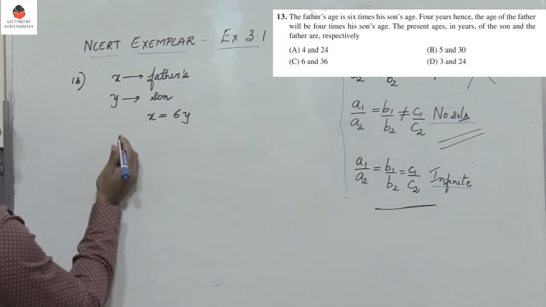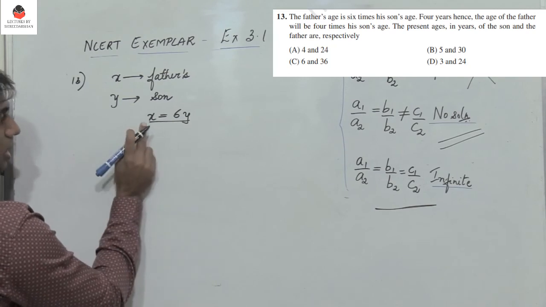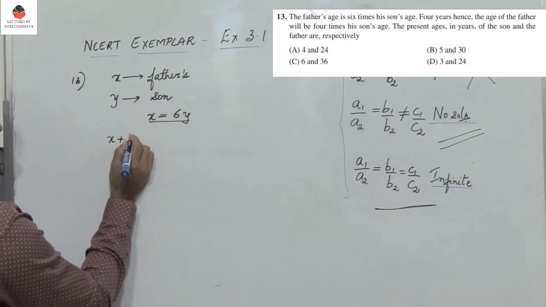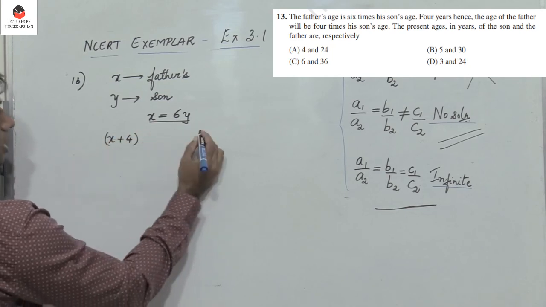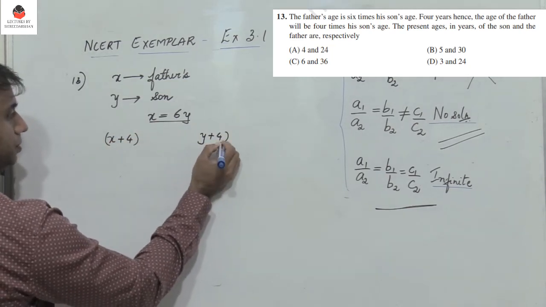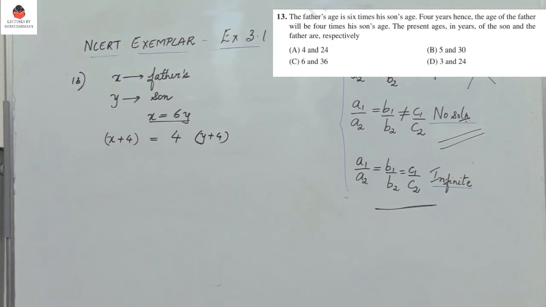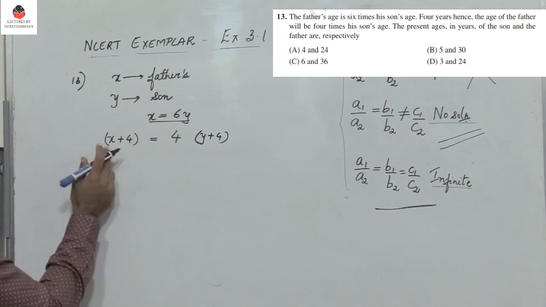So 4 years hence means, the current age is x and 6y. After 4 years, that means the father will be x plus 4 and the son will be y plus 4. And the father would be 4 times the son's age. So it's going to be 4 into y plus 4. So let me expand this.